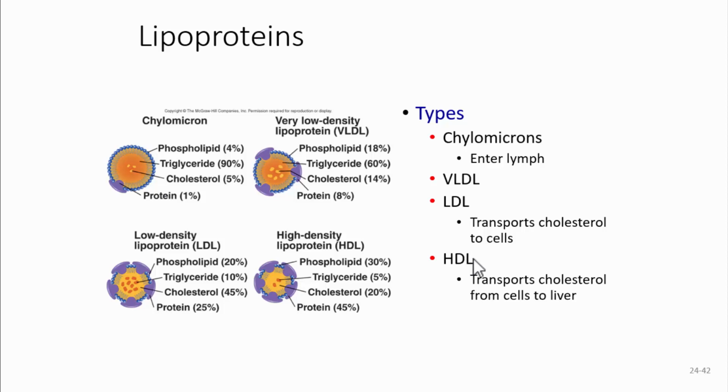Of course, there's limits, but within the normal range, a higher HDL is good, because that's transporting the excess cholesterol from the cells to the liver. Okay. And so HDL, we usually say that's your good cholesterol. And that can be increased through diet, through exercise, or what have you.